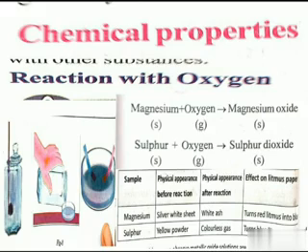We know that metals have a shining surface, so they are called lustrous. Metals are lustrous, but non-metals are non-lustrous. Metals give shining, non-metals do not shine, but diamond is shining. This diamond is made up of carbon; it is one of the forms of carbon.